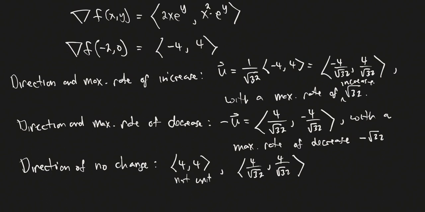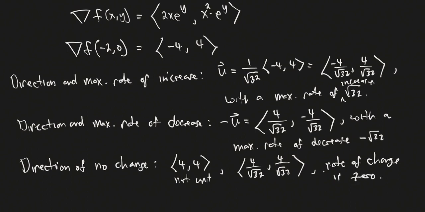And that vector now will produce a directional derivative, a rate of change, which would be equal to 0.